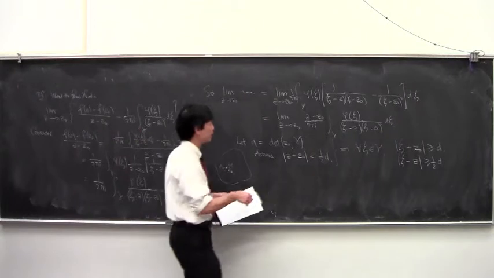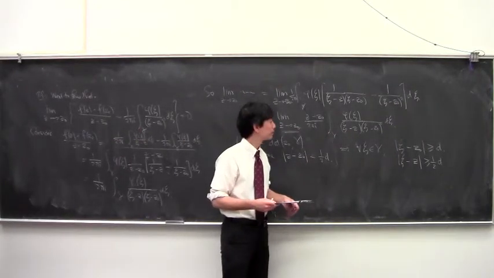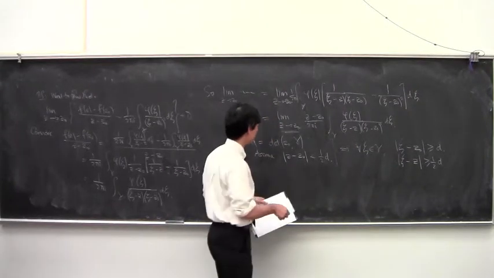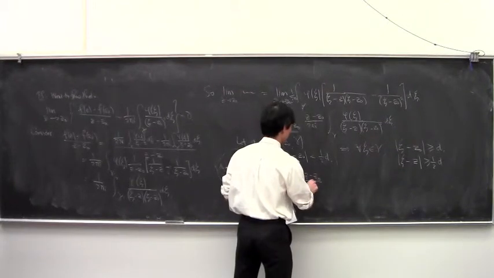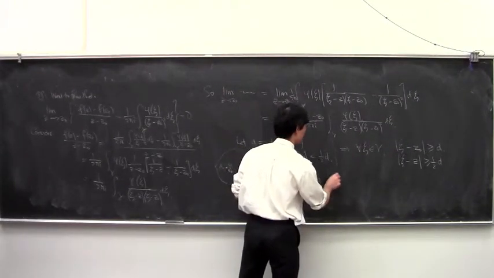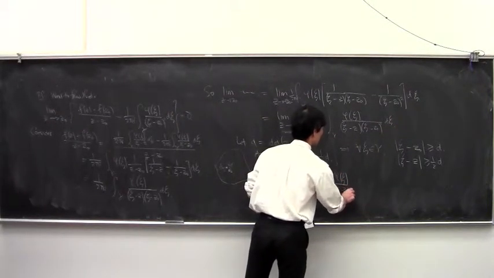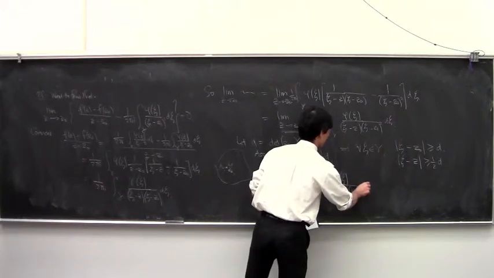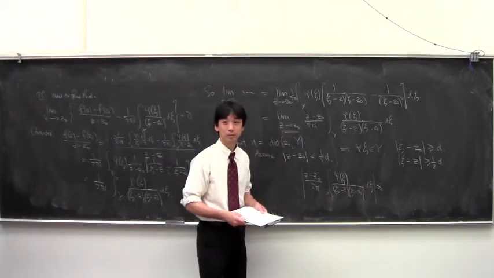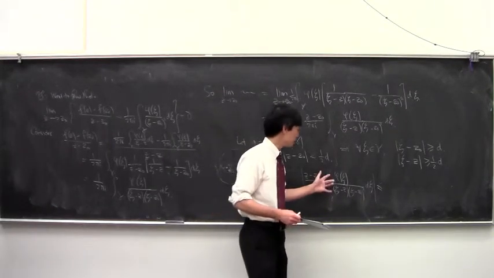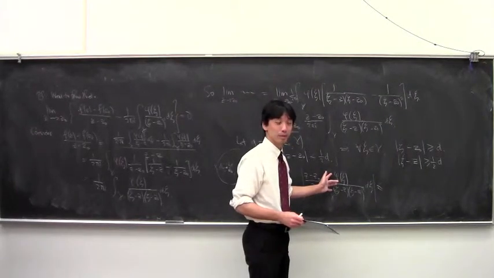Right, we're trying to show the limit as z goes to z naught of this thing is 0. Okay. So what are we going to use? Triangle inequality, right? This integral is controlled by what?